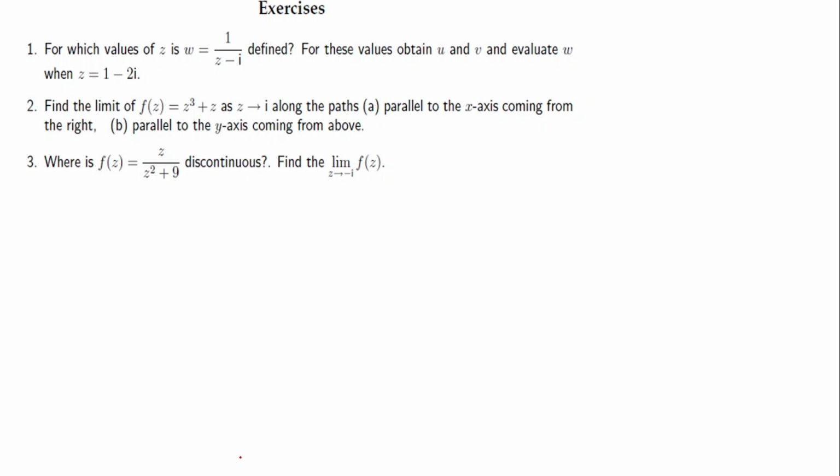Number 2, find the limit of f of z as z goes to i along the path A, parallel to the x-axis coming from the right, and then B, parallel to the y-axis. We have nothing to do with k because we only have z and i. It's just an exercise of what we have done in class already.